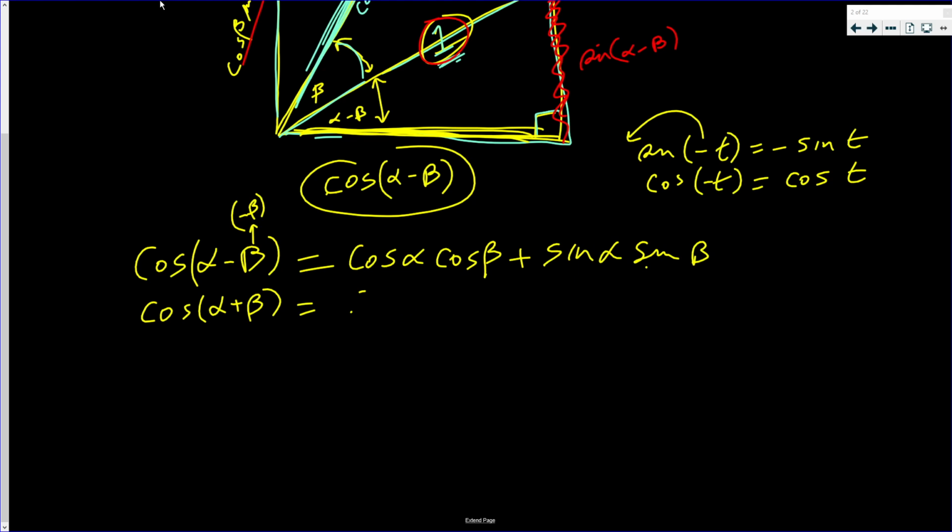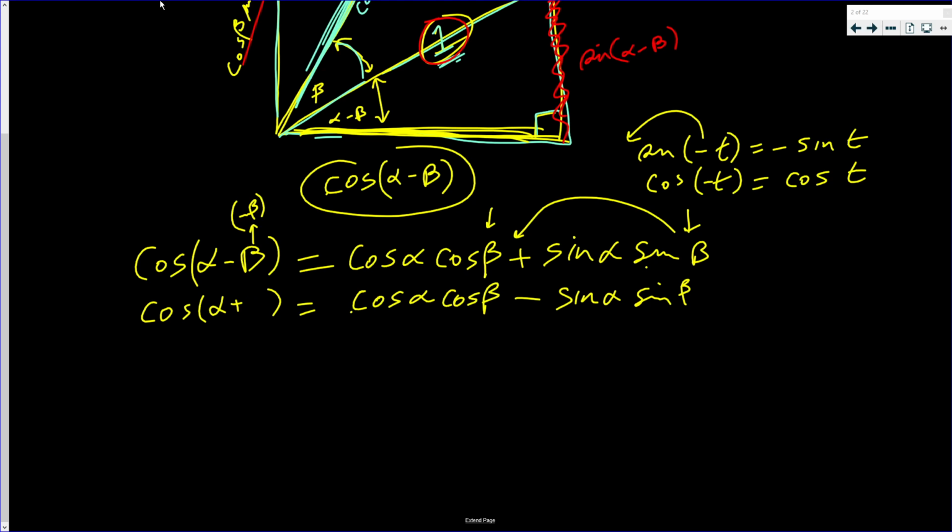Now, if I replace that angle with negative beta, I get back the same answer for cosine beta. The sine of beta becomes the sine of negative beta, so the minus comes out, and it just becomes minus. Now, let's write it down cleanly.